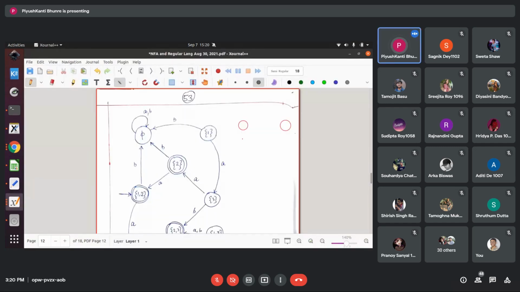I just draw it here side by side, just to compare. So 1, 2, 3. So epsilon moves.